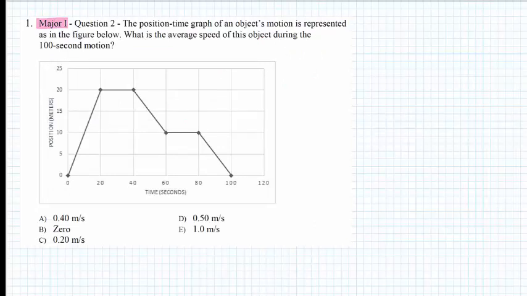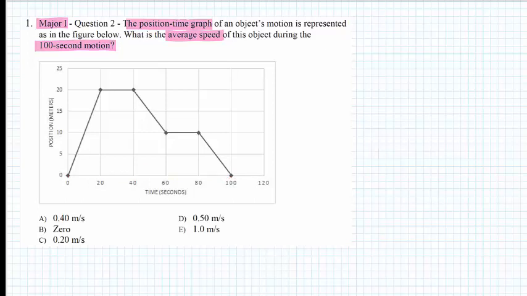Here in this problem, the position time graph of an object's motion is represented as in the figure below. What is the average speed? So he's asking about the average speed of the object during the 100-second motion. So the 100 seconds is this period from 0 to 100.